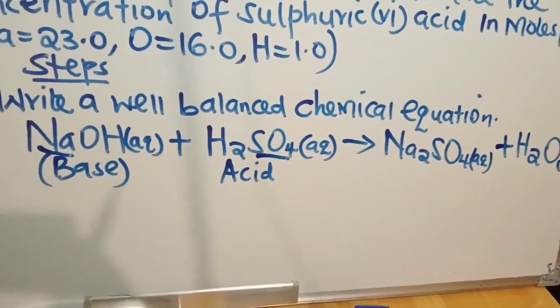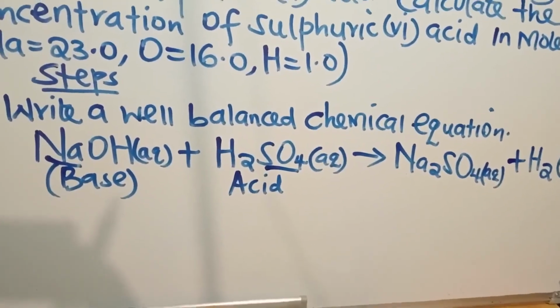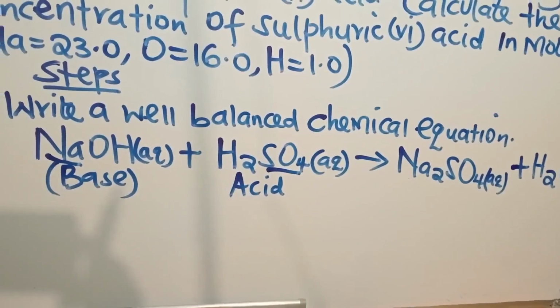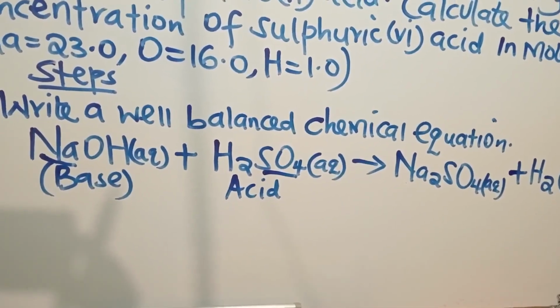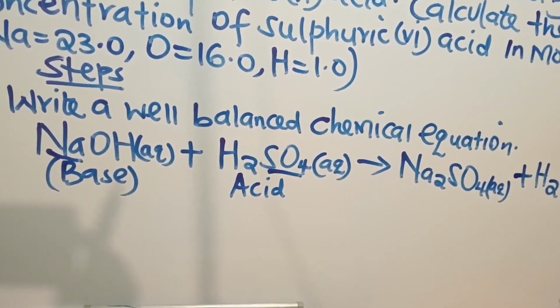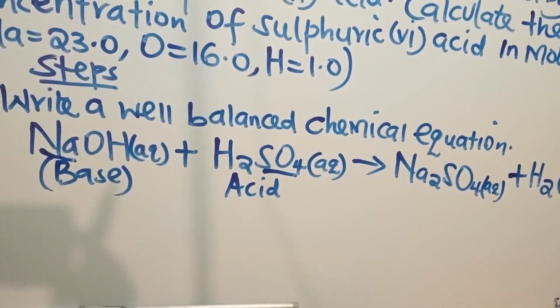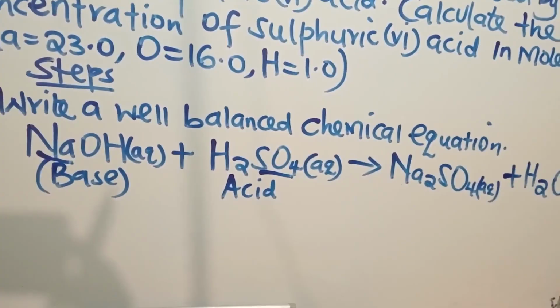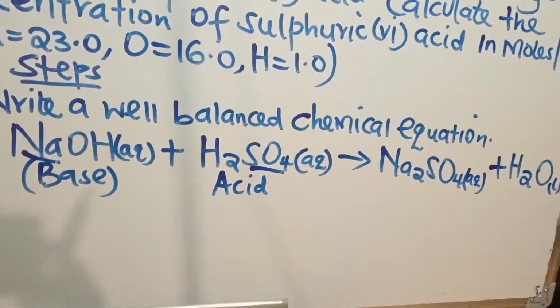So then we begin the balancing. As I showed you last time, the balancing is all about making each and every element on each side well balanced, or have an equal number on either side, the reactant side and the product side.